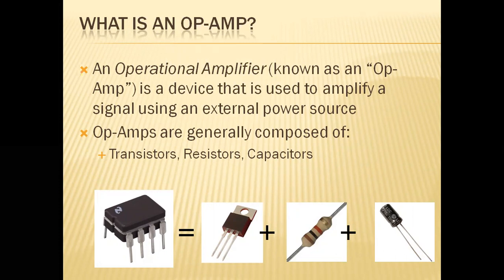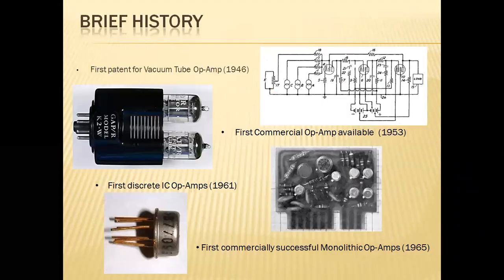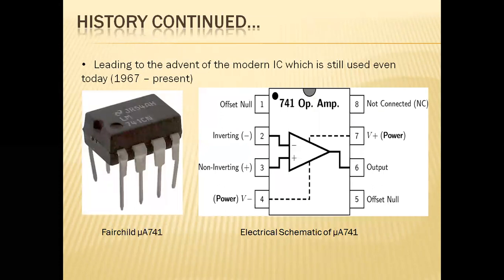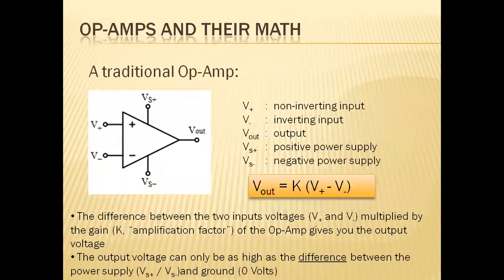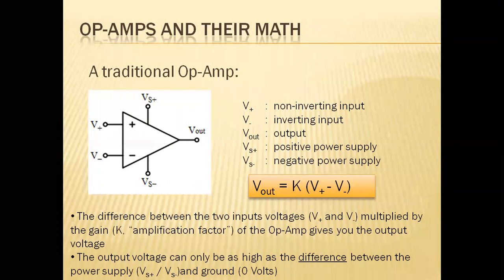An operational amplifier consists of transistors, resistors and capacitors, and we saw a brief historical representation, including 1967 and the connectors we utilize at present. We also covered the mathematical calculations for non-inverting and inverting applications of voltage, and the amplification factors obtained based on the input given and the output obtained.